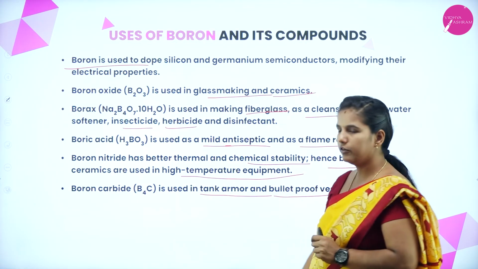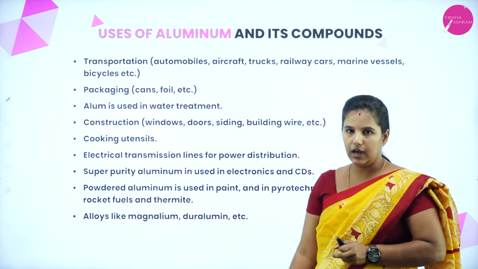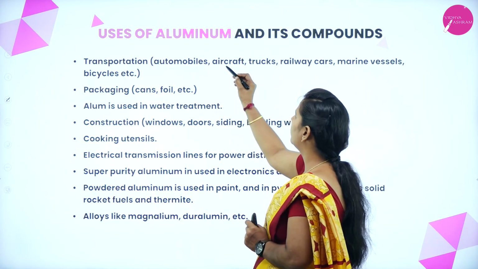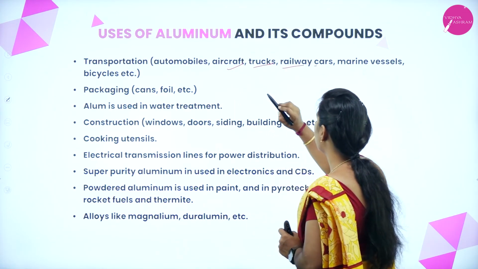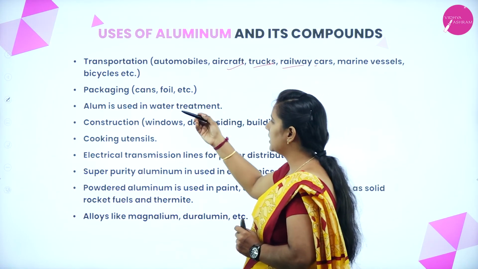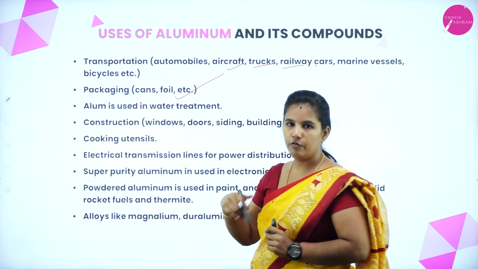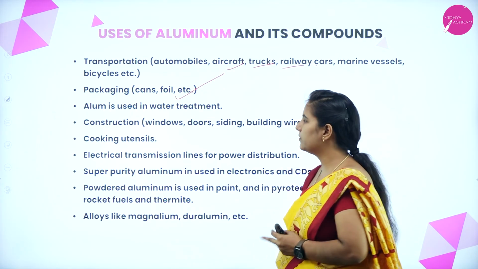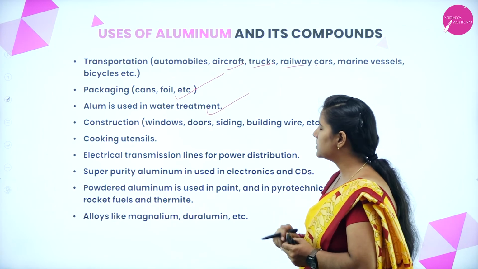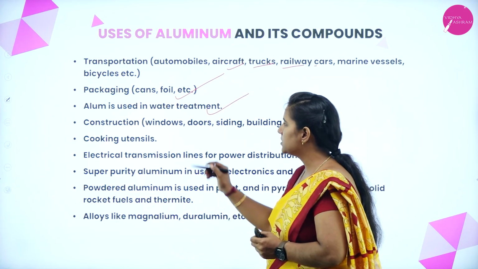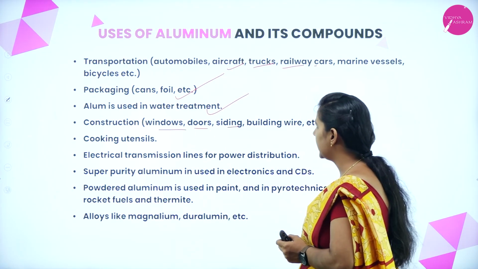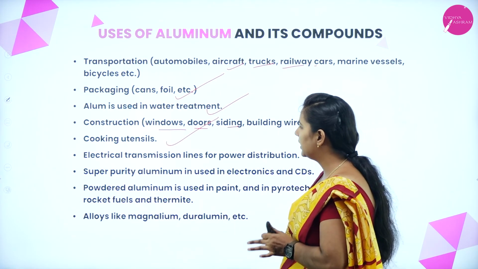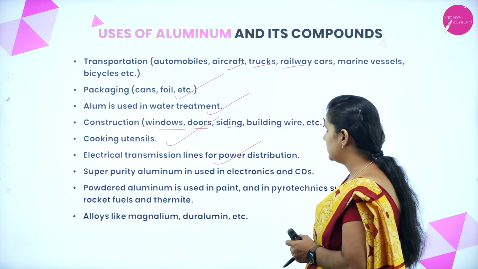Hence, boron nitride ceramics are used in high-temperature equipment, and boron carbide is used in tank armor as well as bulletproof vests. Next, the uses of aluminium. It is used in the transportation of automobiles, aircraft, trucks, railway cars, marine vessels, and even bicycles. Aluminium foil is used in packing, and cans as well. It is also used in water treatment, in construction for windows, doors and siding, for cooking utensils, and in electrical transmission lines for power distribution.